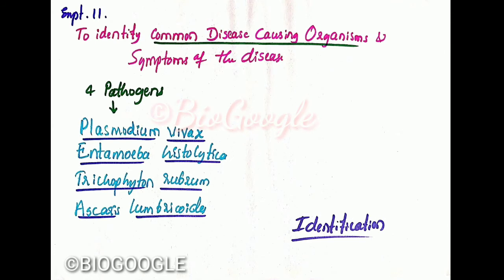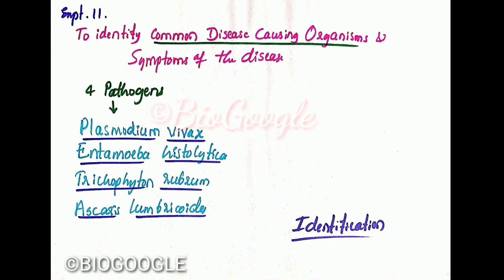Experiment number 11, to identify common disease causing organisms and symptoms of this disease. Remember in the human health and diseases chapter, we have many pathogens causing many diseases. Among that, in practicals they will give one of the 4 pathogens like Plasmodium vivax, Entamoeba histolytica, Trichophyton rubrum, as well as Ascaris lumbricoides.